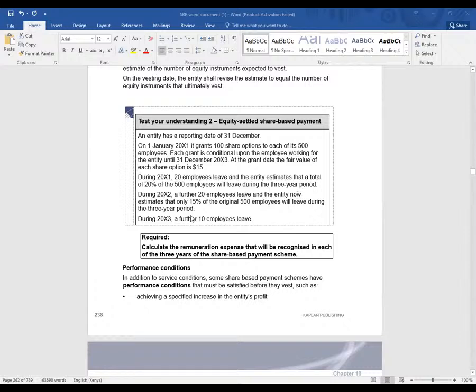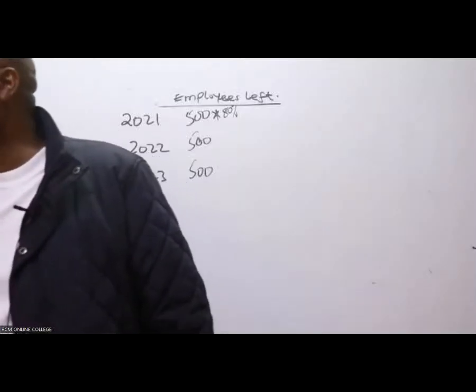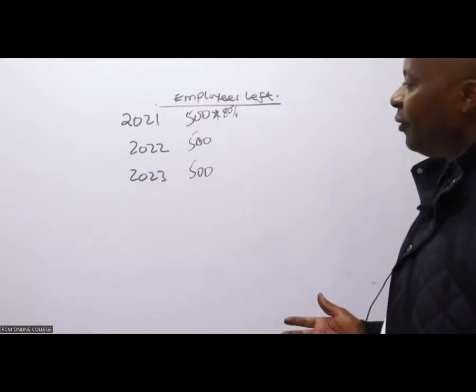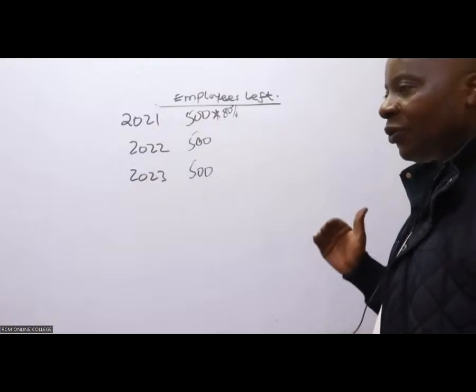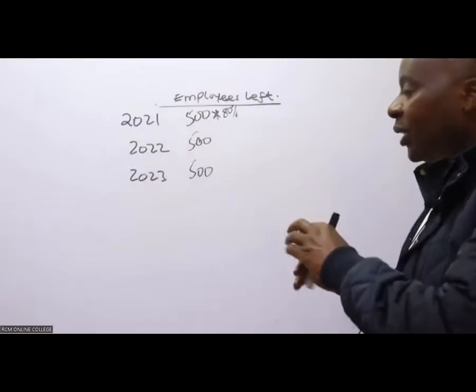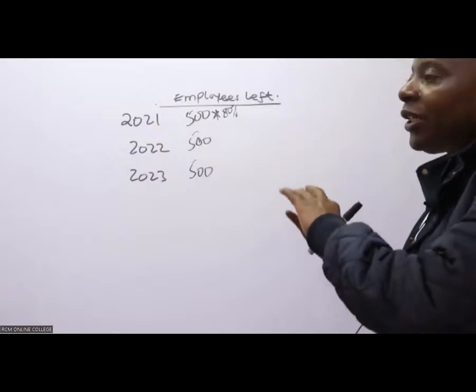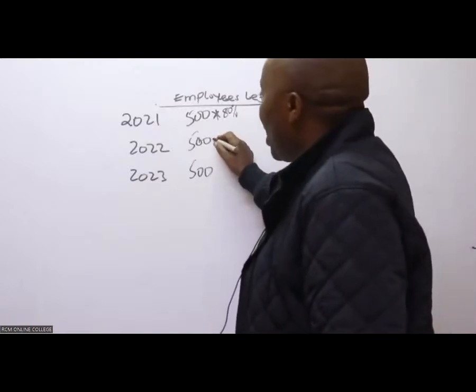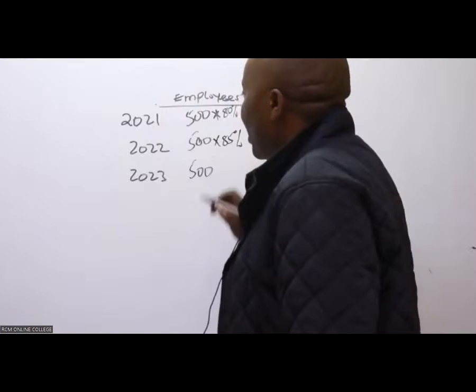So if 15% is leaving, what percentage will be left with us in the company? They're not telling you it is 15% of the year, it is 15% over the 3 years. So 85% will be left with us.